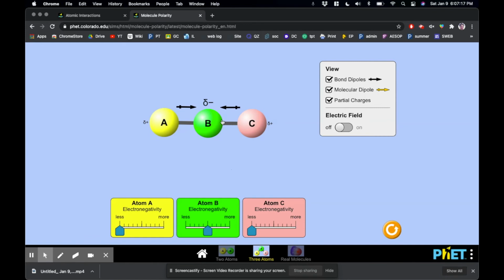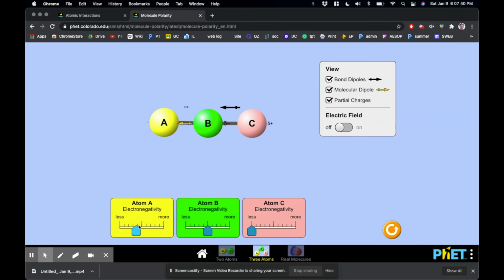Well, now I have a dipole moment where everything is getting pulled into the middle. So this one right here becomes the most negative possible, whereas these become partially positive, because they no longer have the ability to take electrons from anything. They have such a low electronegativity.